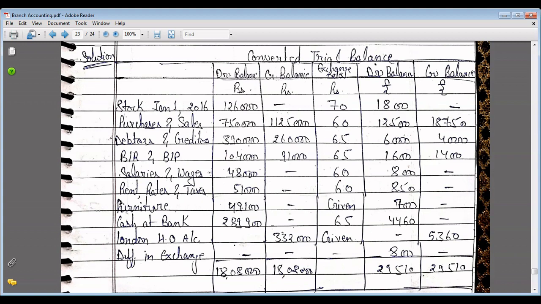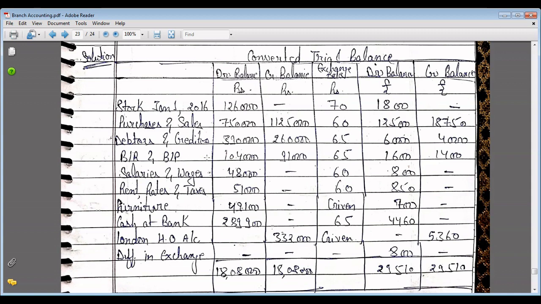Then debtors and creditors, 3,90,000 and 2,60,000, and debtors and creditors are converted at the exchange rate prevalent at the end of the year, which is rupees 65. So we will divide 3,90,000 by 65 and 2,60,000 by 65, and we get 6,000 pounds as debtors and 4,000 pounds as creditors.